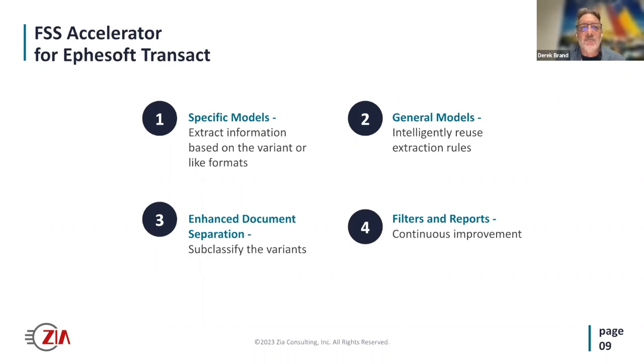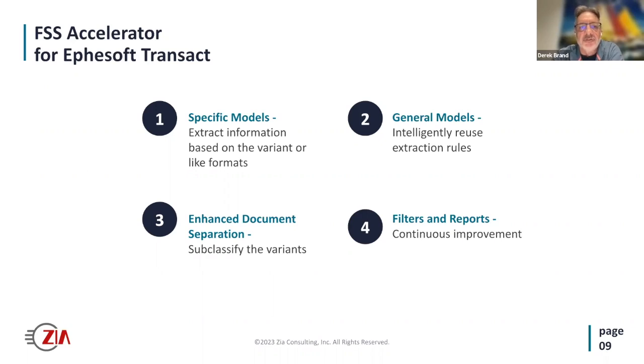So how does it work? We basically build these models or templates, and there are 3 types. We have specific models. So a specific model is built by adding classification rules that identify the first page of a particular. I'll use the example of invoices as we talk, but it can be any document type. They all work the same way logically.